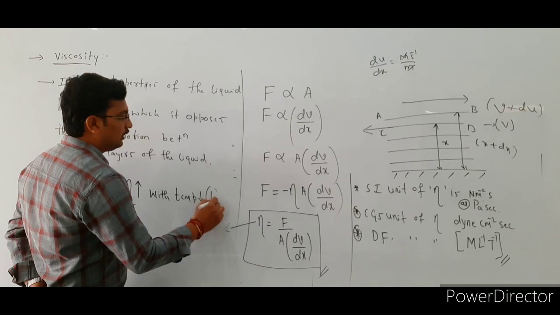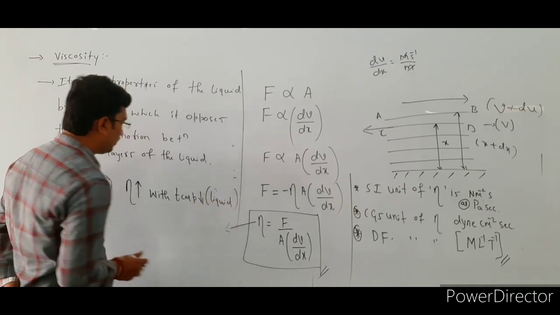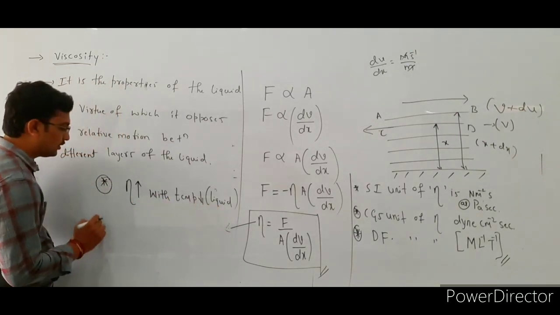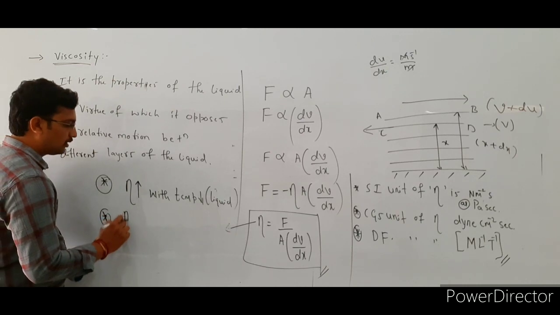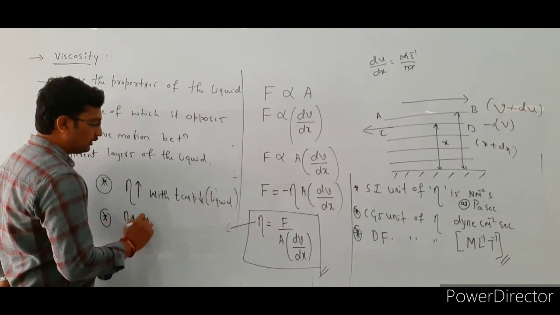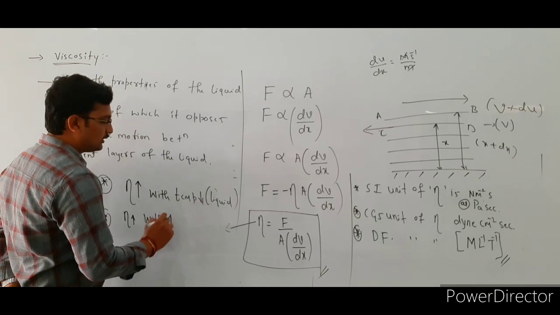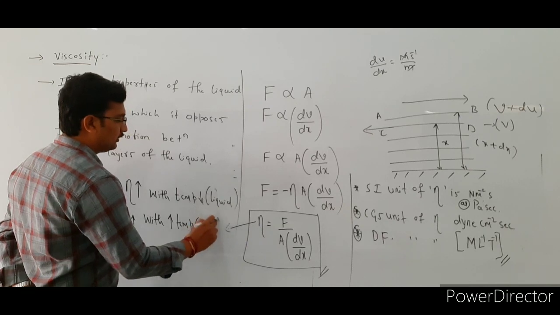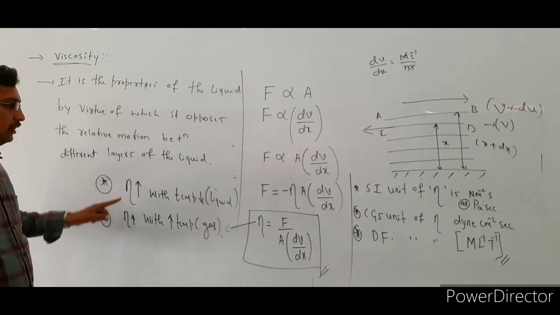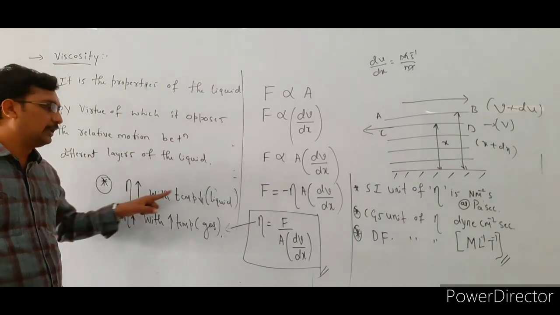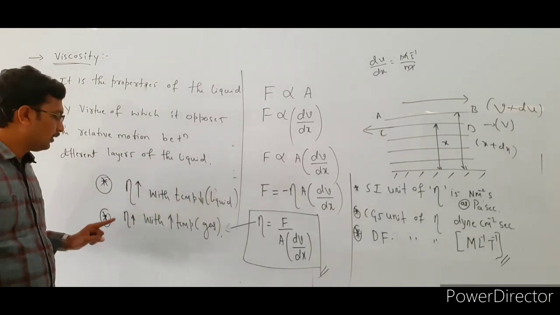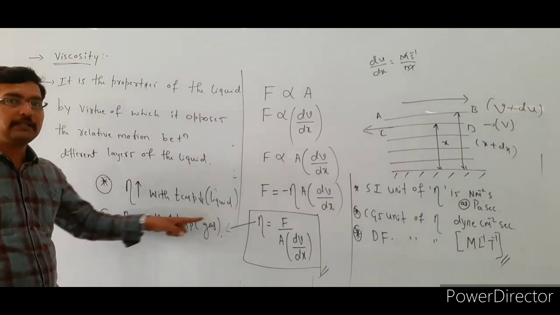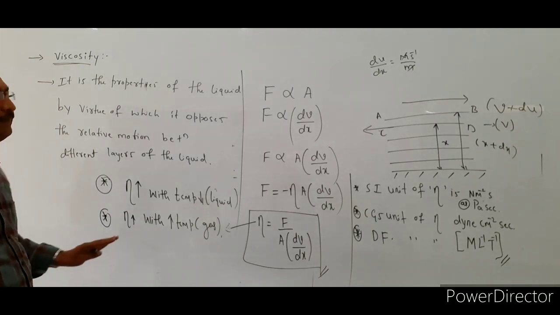And if the coefficient of viscosity increases with increasing temperature, that is for gas. So for liquid, the coefficient of viscosity increases with decreasing temperature. For gas, the coefficient of viscosity increases with increasing temperature. So this is about the viscosity.